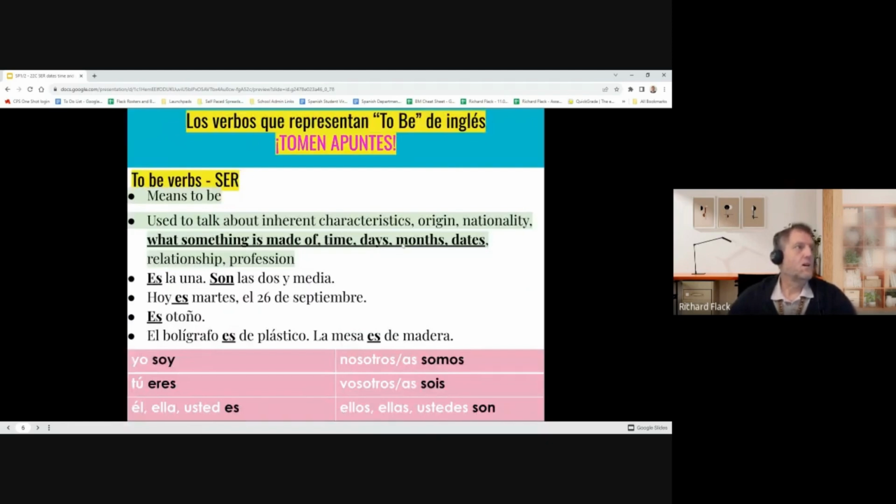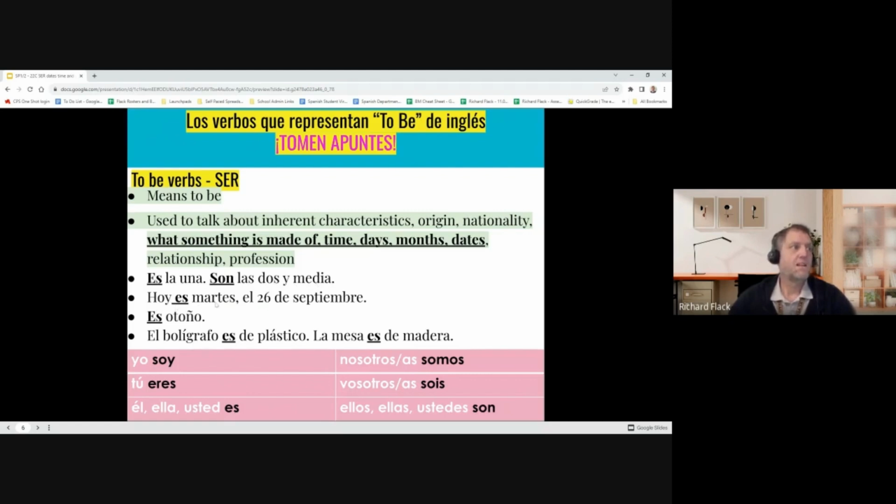Okay, so again, focusing on what something is made of, or times and dates, using the verb ser. So, for example, es la una, it's the 1 o'clock hour. Or son las 2:30, it's the 2 o'clock hour and a half, 2:30.